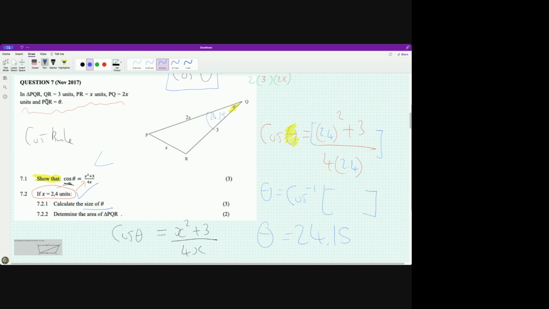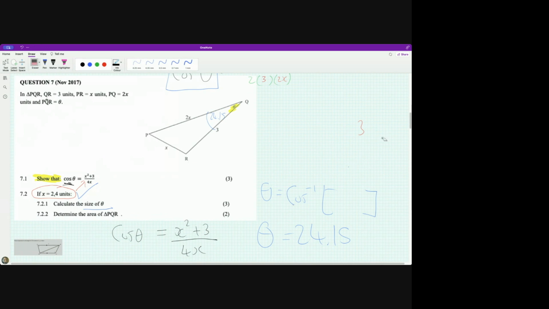Okay, last question here is determine the area of PQR. So I need to find the area of this triangle. But I have a little bit of a problem. The problem is I only have one side, which is 3. The other parts are variables.